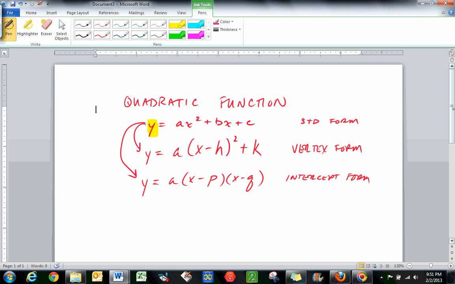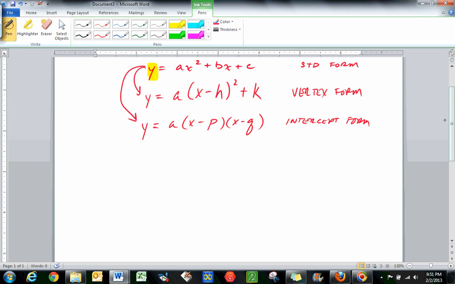Now, in previous lessons, we've talked about this, and we found out that if the quadratic function was factorable, we could take the standard form and change it to the intercept form, which we basically called the factored form in the past.